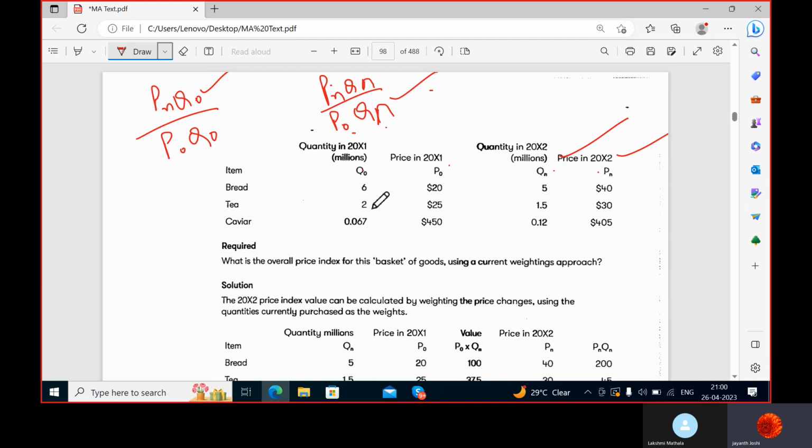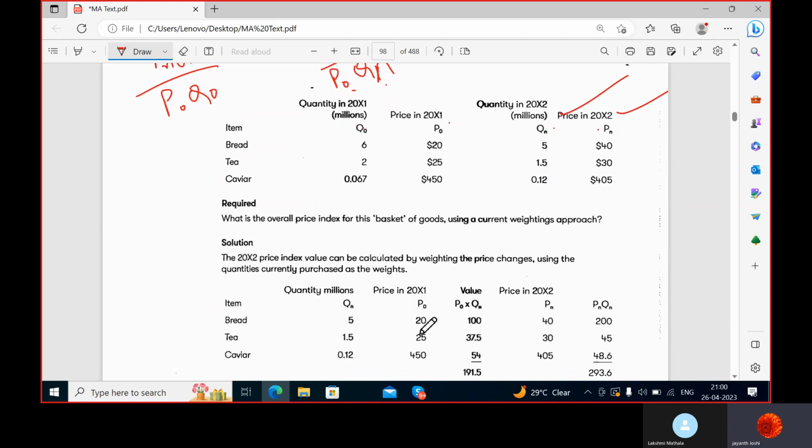So you have these quantities, you can take the totals. What you want is Qn, Pn Qn, and the base price into Qn. Q0 is not required at all; even though they gave it, we are not taking it.